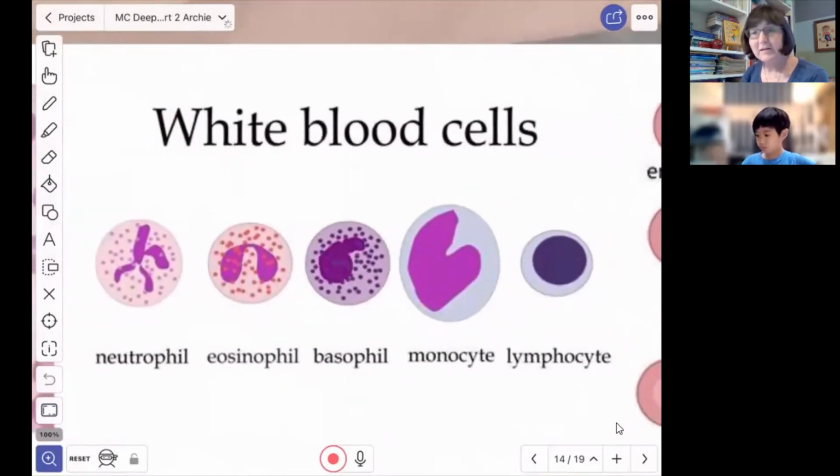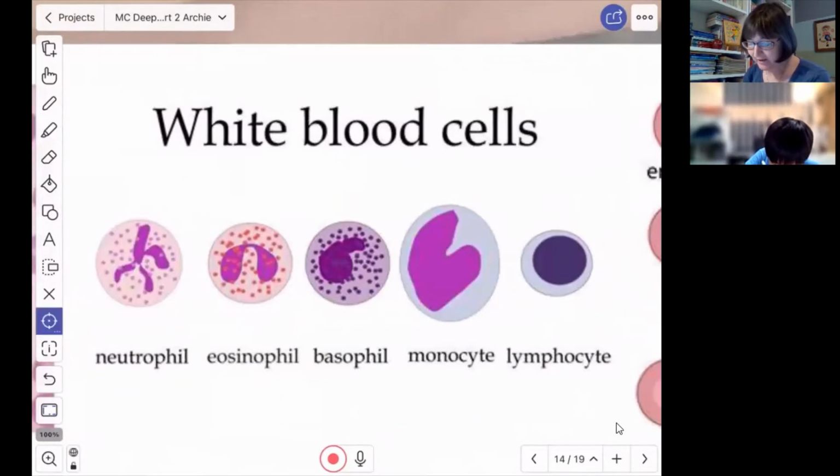And a little more information for you on the white blood cell. There are 5 kinds. The white blood cells have the neutrophil, the eosinophil, the basophil, the monocyte, and the lymphocyte.